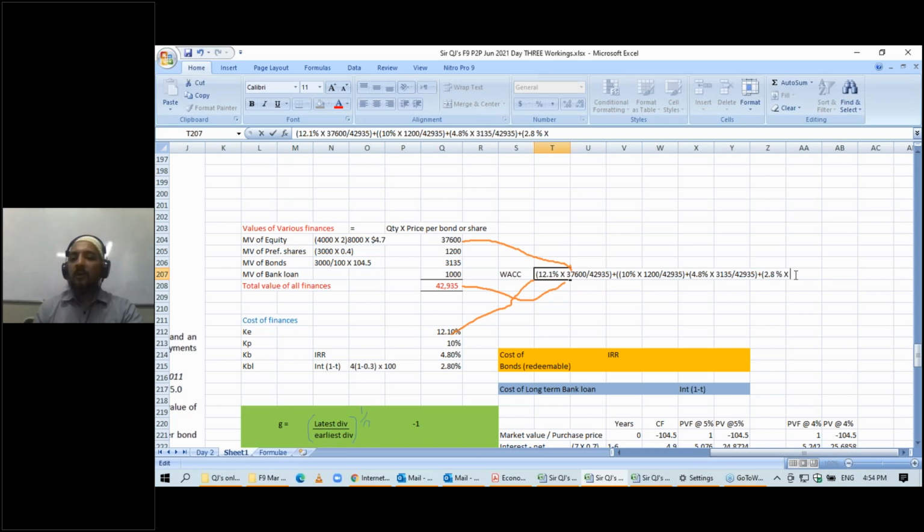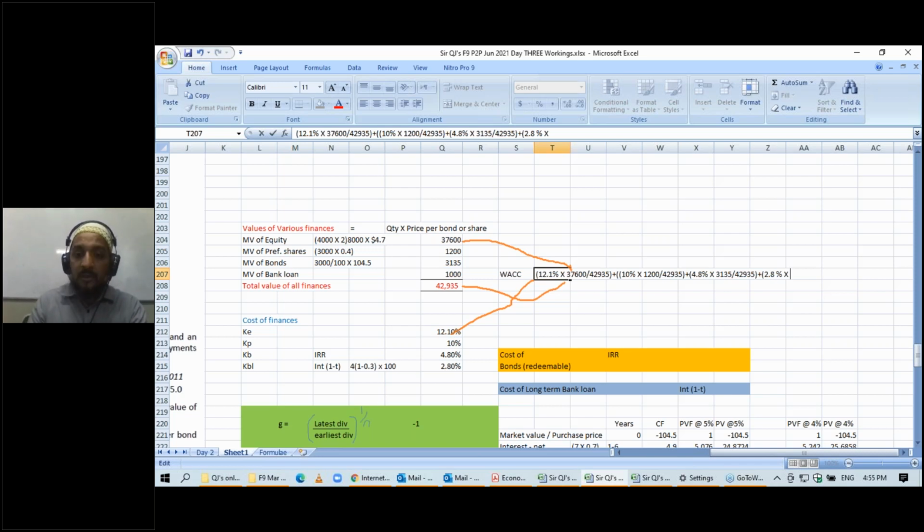The more you have the equity capital, it is very expensive, so it will increase your cost of capital, and ultimately if your cost of capital increases, your NPVs will become low or it may become negative. So it's better to manage the funds and capital structure properly to have a good low cost of capital.